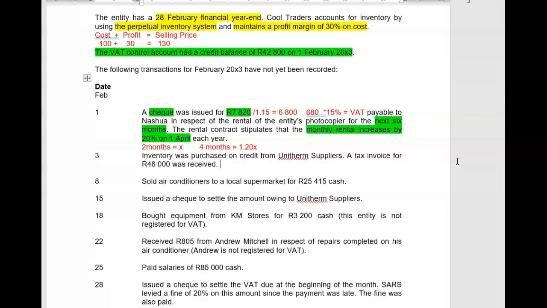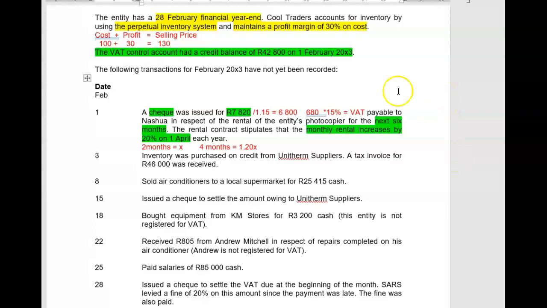He says if there is a VAT invoice, so the first question that you ask yourself is, was there a VAT invoice? If the answer is yes, then you can claim the VAT as per the invoice. If the answer is no, the second question that he asks you is, did cash flow take place?